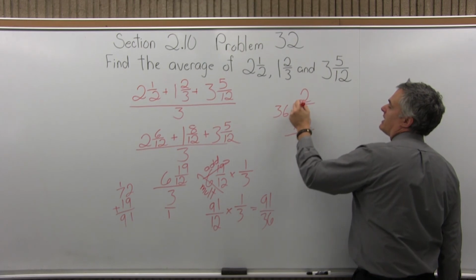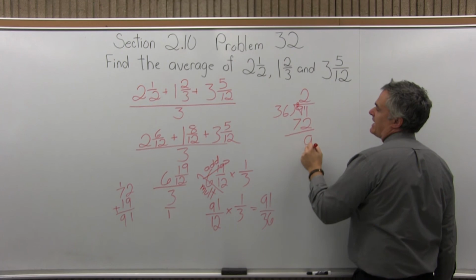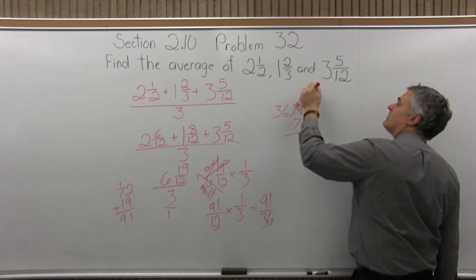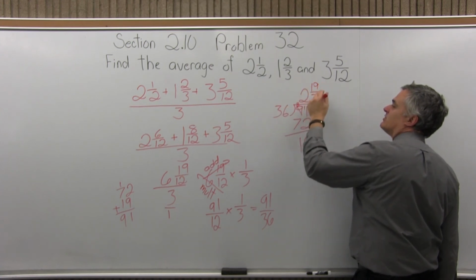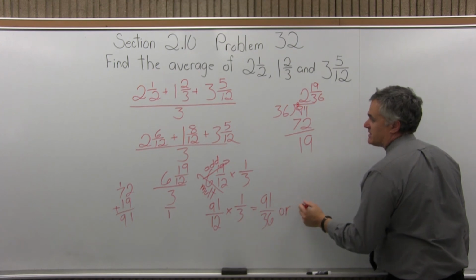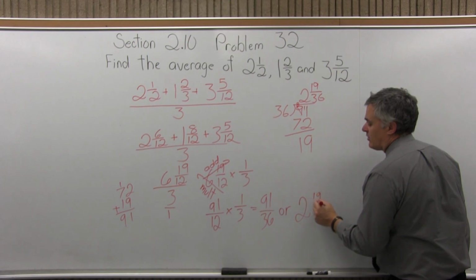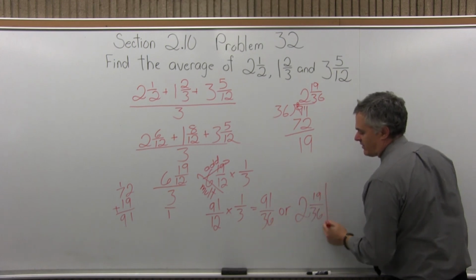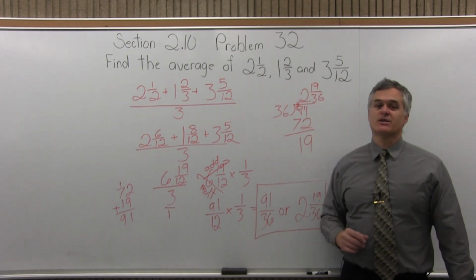Let's borrow from the 9, make it an 8, make that 11. 11 minus 2 is 9, 8 minus 7 is 1. 19 is the remainder. So that remainder becomes the new numerator, and the denominator of 36 stays 36. So the answer can be expressed as 91 over 36, or 2 and 19 over 36. Those are two different ways of saying the same amount. And that's the answer for what the average of the original three fractions was.